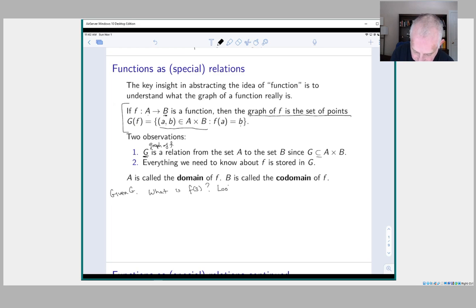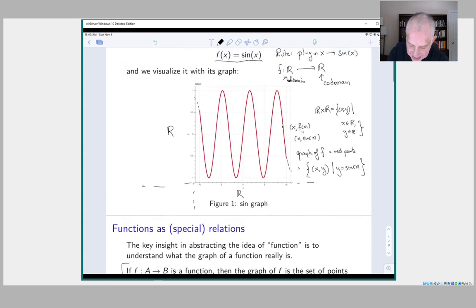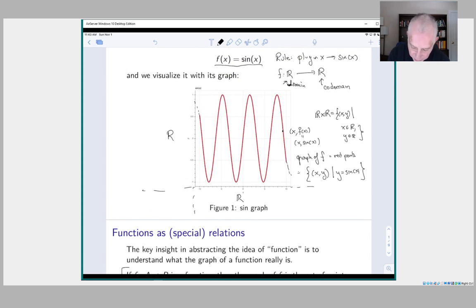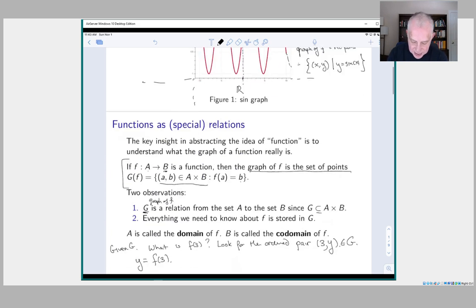Well, we look for the ordered pair whose first entry is 3 and whose second entry is something, and then we know that y is f(3). In terms of the picture, if all we knew was the graph, and we wanted to know the value of the function at 0, we would take the point 0 and go up and find the point on the graph above 0, and that would be the value of the function at that point.